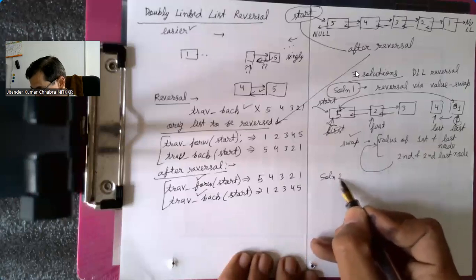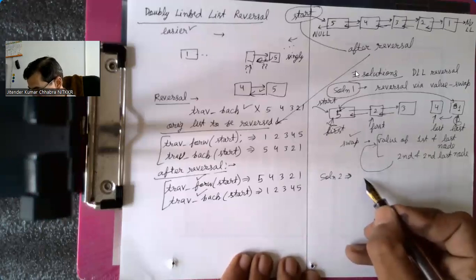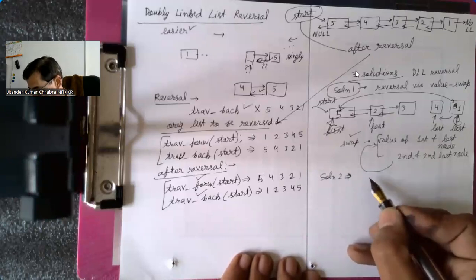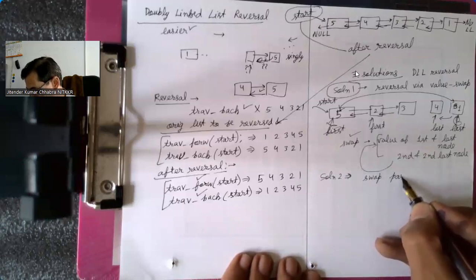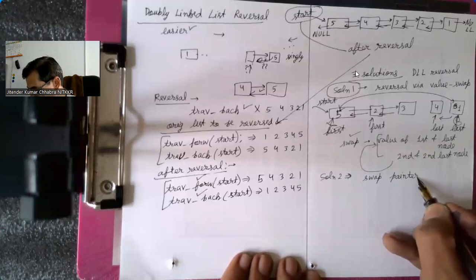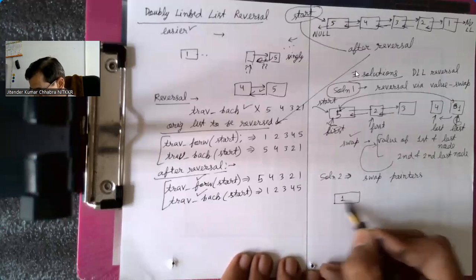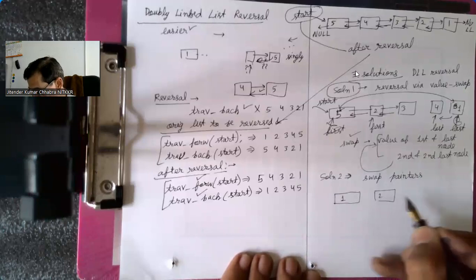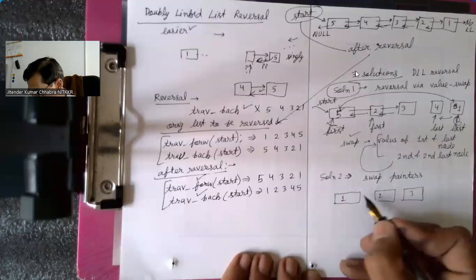Solution 2. The way we said is swap the values. I can think of doing pointer-based swapping. Swap pointers with some careful logic and special cases to be handled. But what I mean is, this was 1, this was 2, this was 3, and so on.